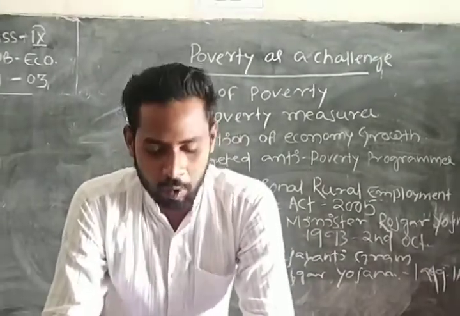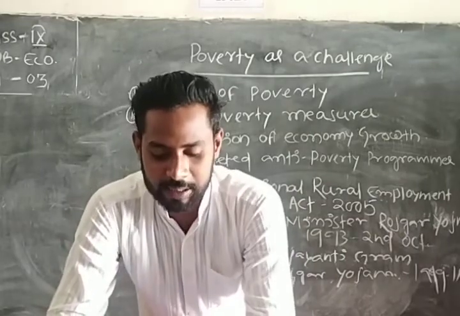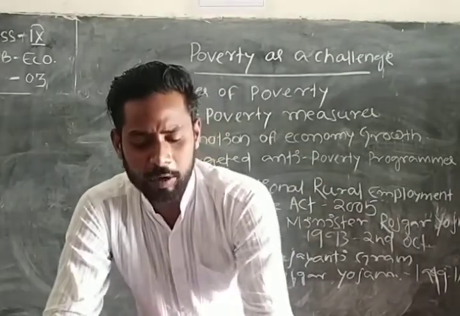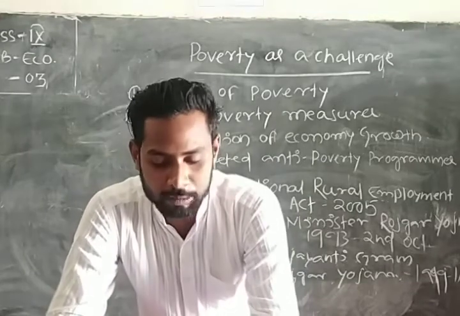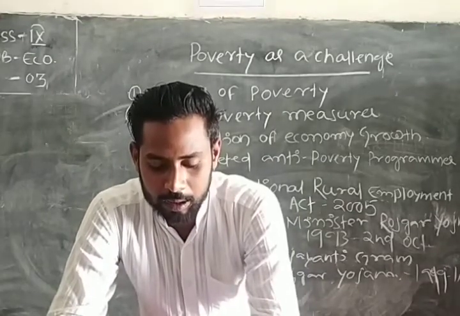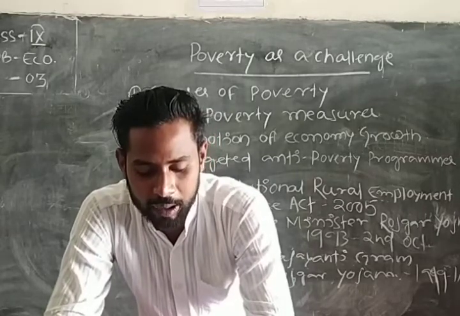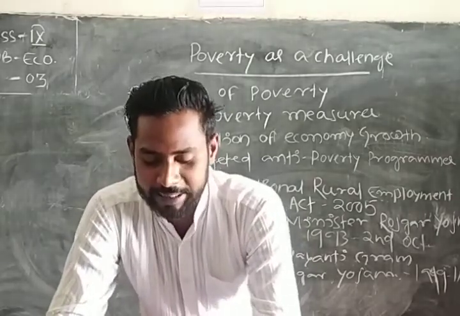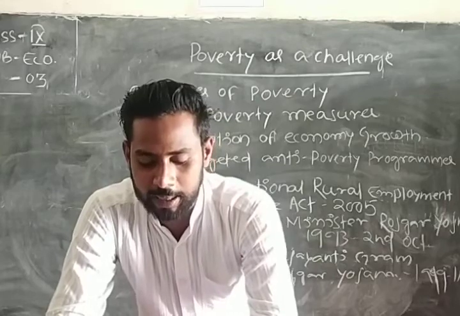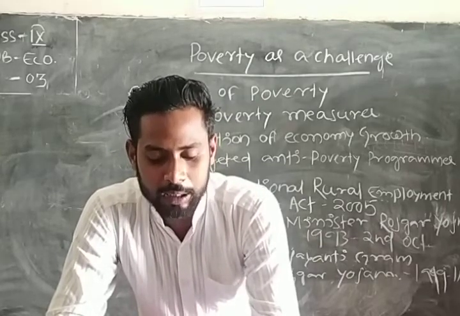Then, what is the global poverty scenario? According to the World Development Indicators 2012, through huge investment in human resource development and rapid economic growth, poverty has substantially decreased in China and Southeast Asian countries.